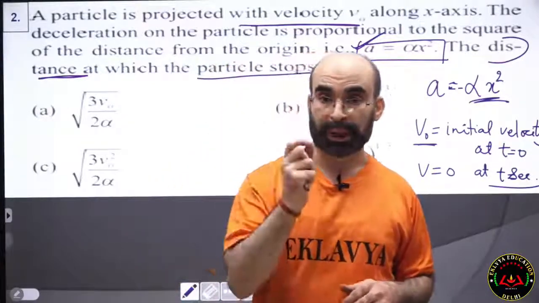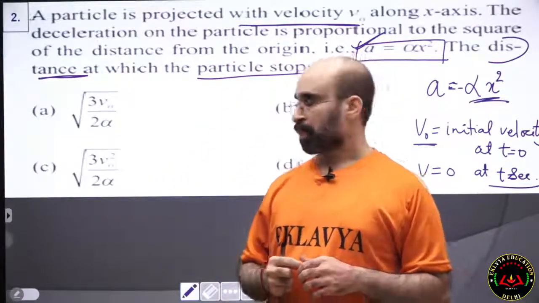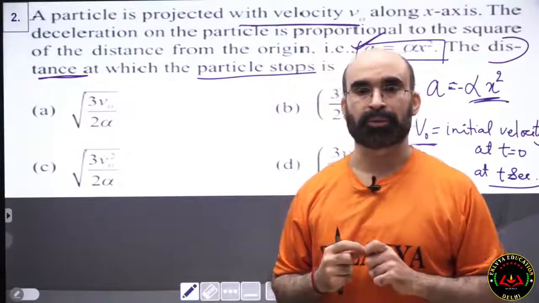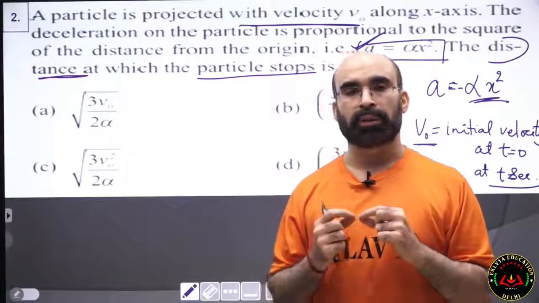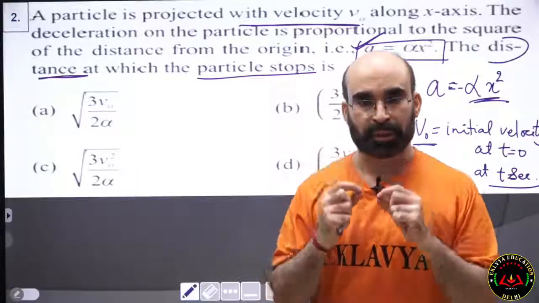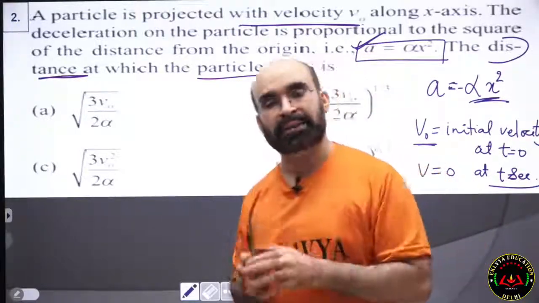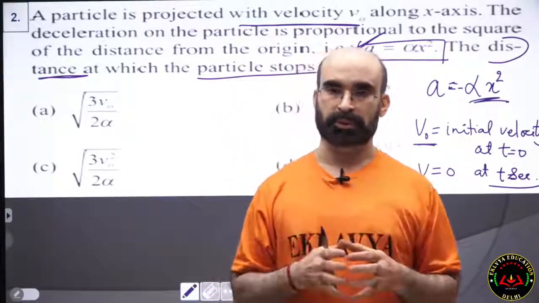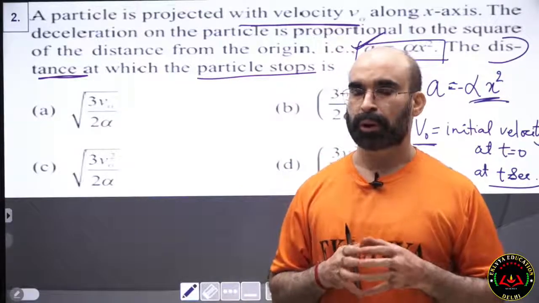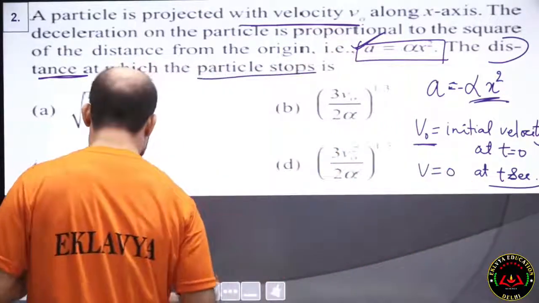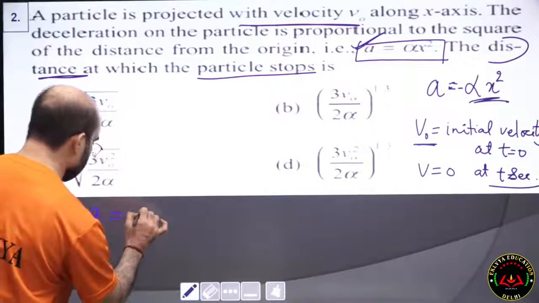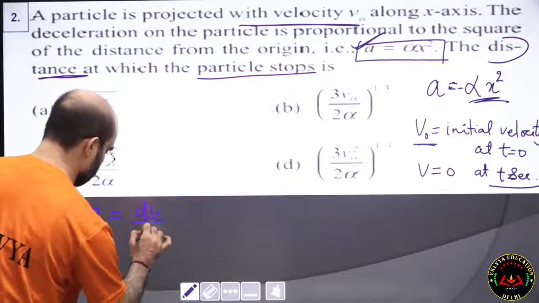Okay, so quickly, what we need to recall here. First of all, we need to recall the expression of acceleration in terms of displacement. How can we go with that? Just have a look. So acceleration equals dv by dt. We are aware of this.